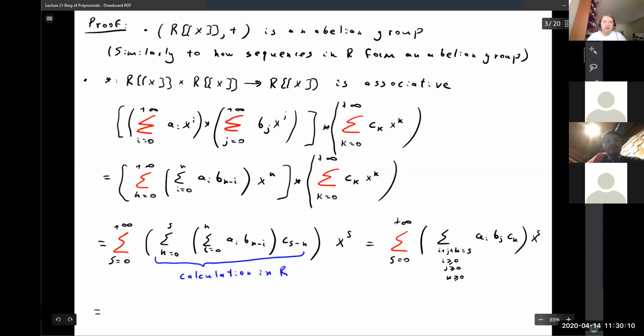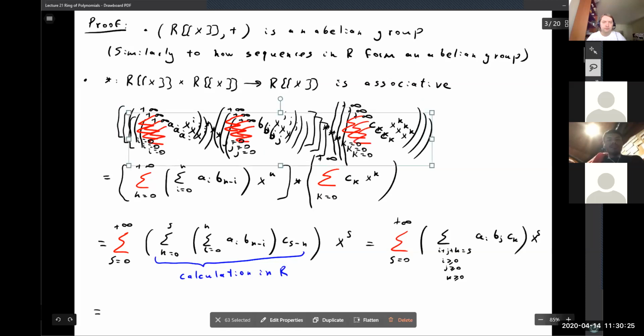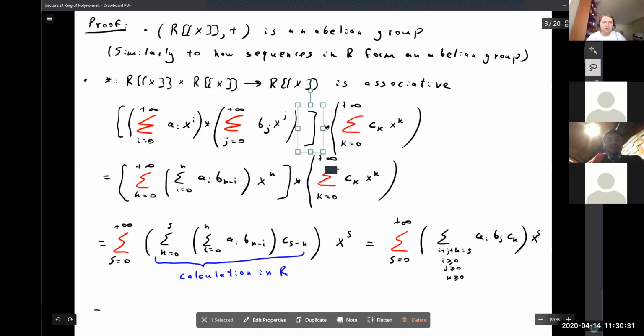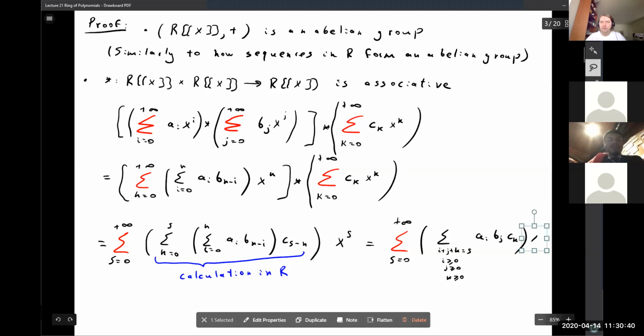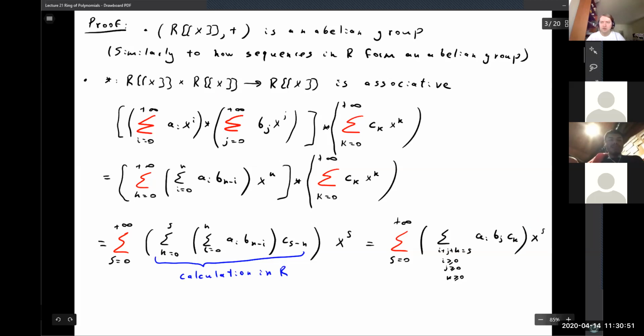And this is literally what will happen if you take this first expression and compute the product in a different order.